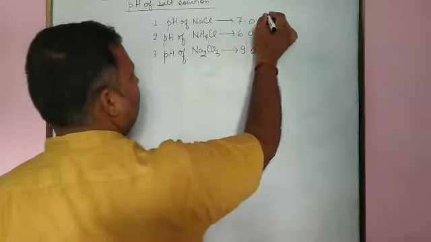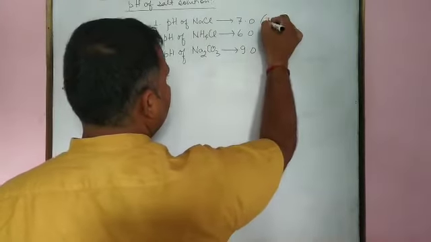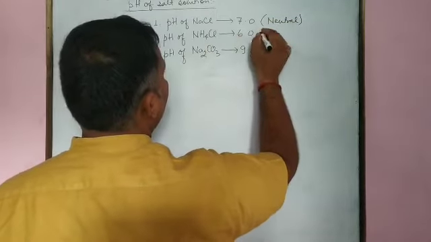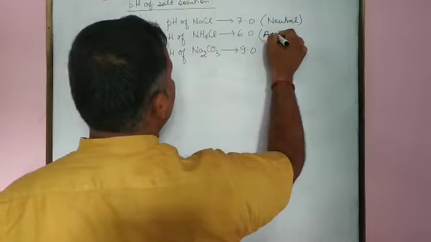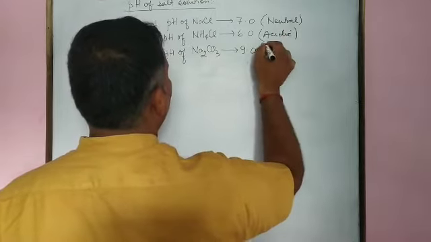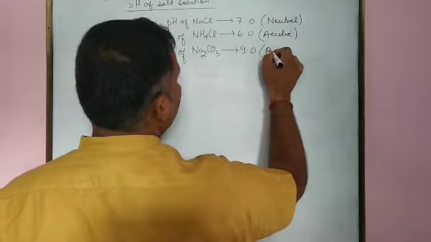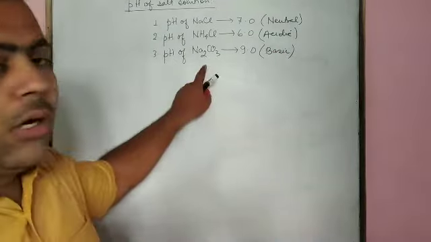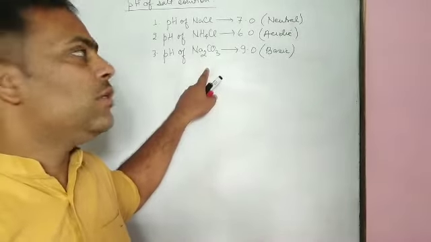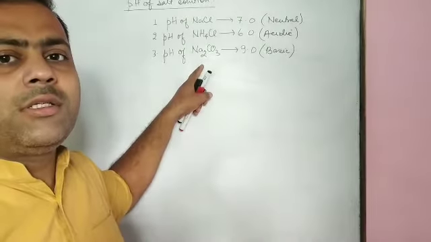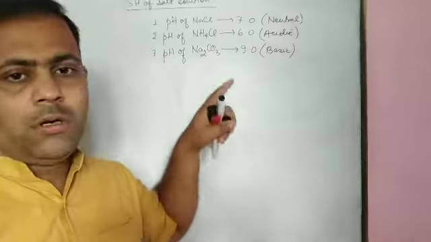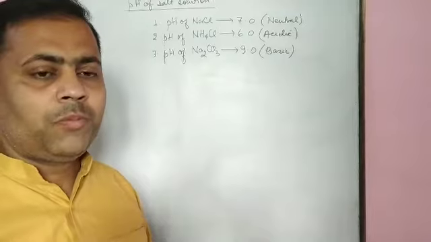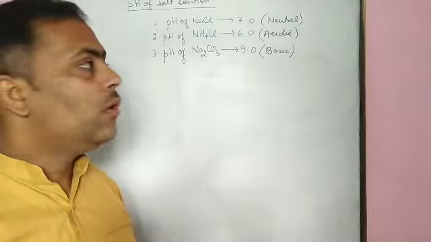What we know is that sodium chloride is neutral, ammonium chloride is acidic, and sodium carbonate is basic in nature. It means the salts which are the result of a neutralization reaction are not necessarily neutral. They may be acidic, basic, or neutral. Let us discuss why this is so.